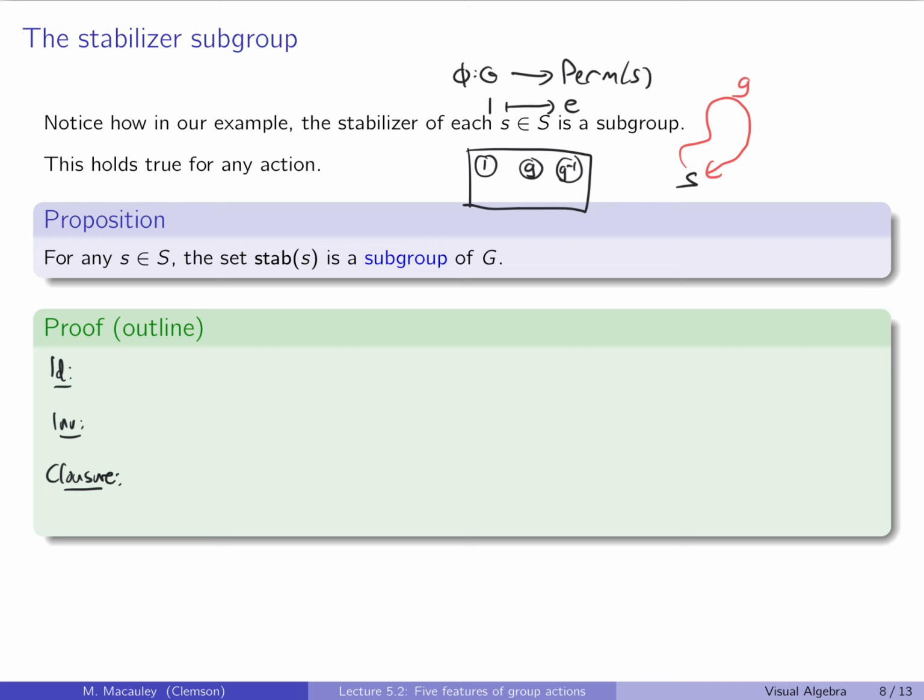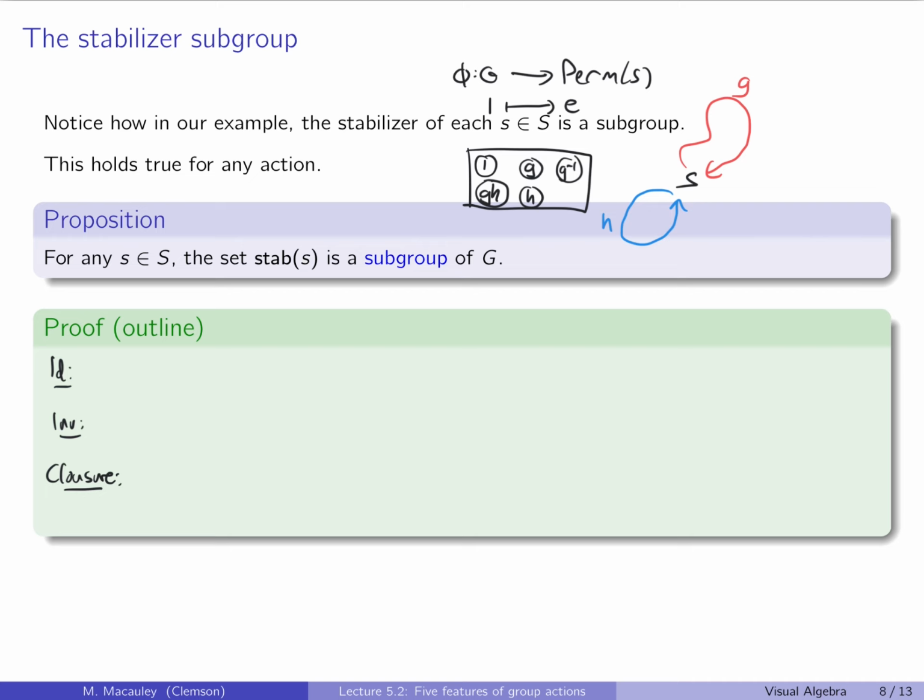And then finally, under closure, let's say we have an H button, and H stabilizes S. Well, that means that if we follow the path corresponding to H, it's a loop. So closure just means that if G and H both fix S, then so does GH.